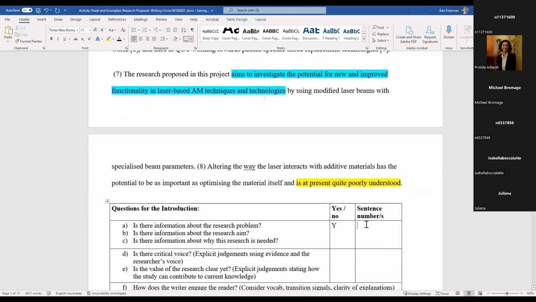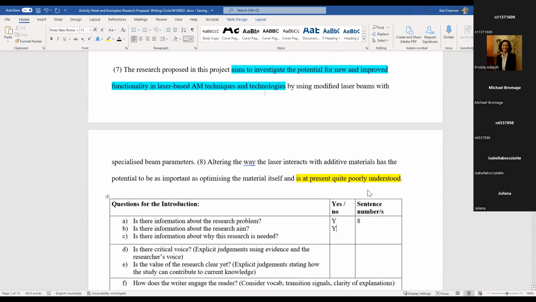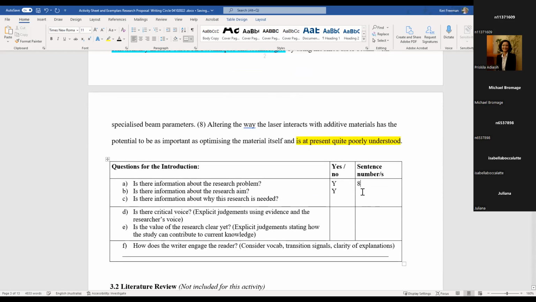It is probably more likely the research gap, but they are saying that we don't know enough about this, the way the laser interacts. Is there information about the research aim? Yep. And that one's very explicit, isn't it? That's number 7.